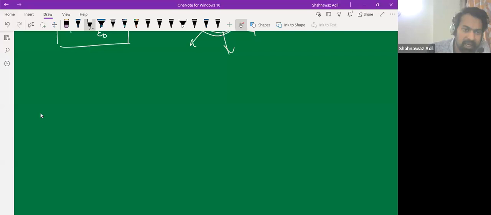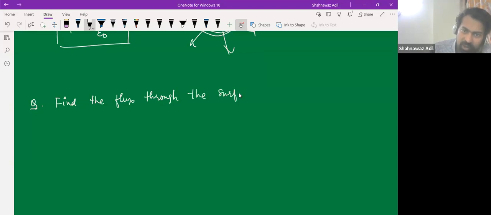So let's say we want to find the flux through a surface given in the figure.